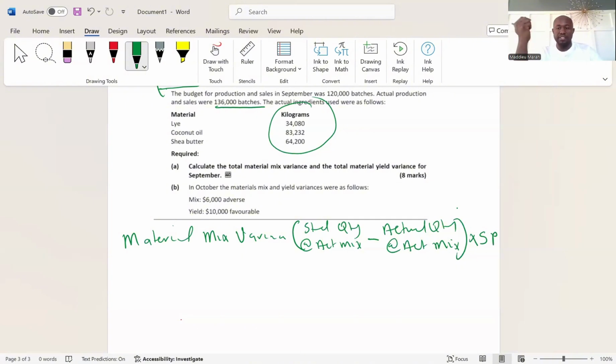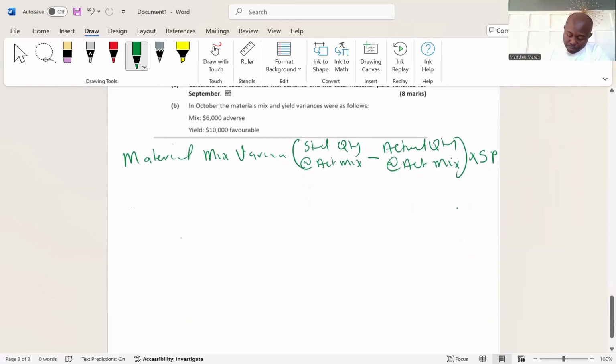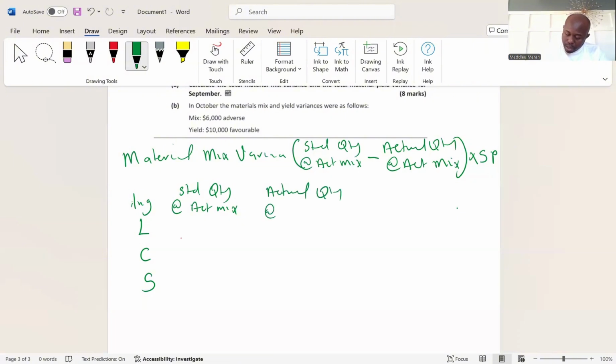So to avoid that, let's set a table. We have rows and columns. In my table, I'll have my product, or in this question, my ingredients: lime, coconut, and shea butter. These are my 3 ingredients. Now I have my standard quantity at actual mix, and my actual quantity at actual mix, and I have my difference.